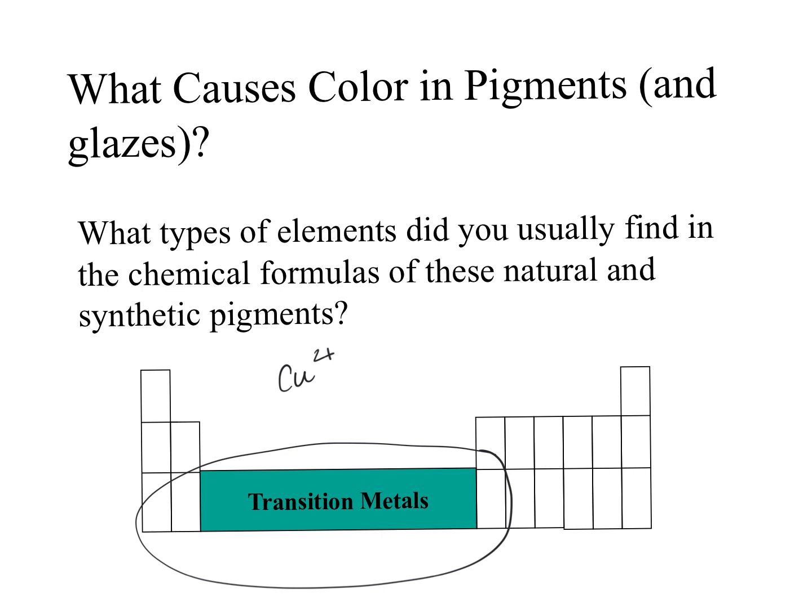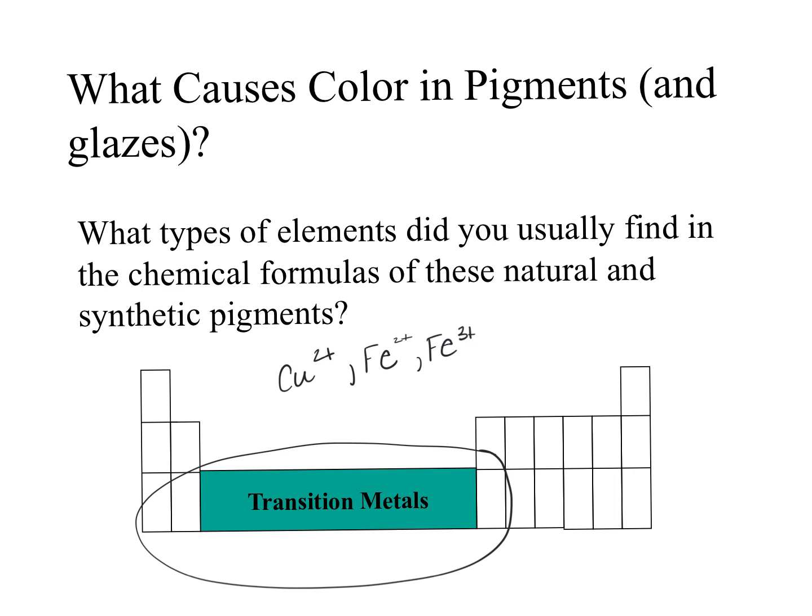We looked at copper patinas in lab. Those gave us greens and blues depending on the copper complex. Iron, right? Prussian blue. We saw that as well. Both Fe2 plus and Fe3 plus. So lots of these transition metals give color to the glazes.